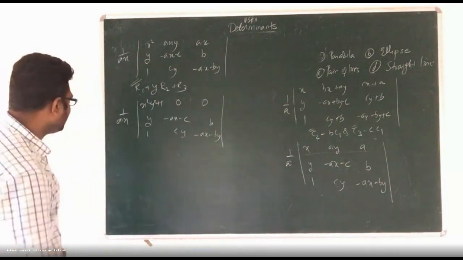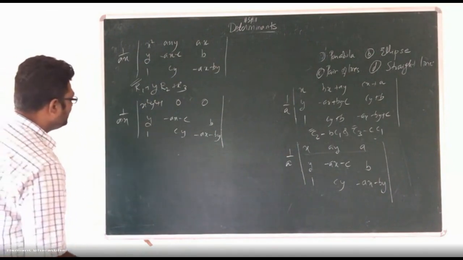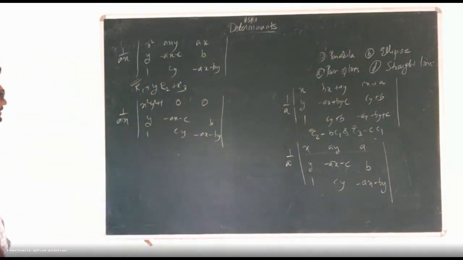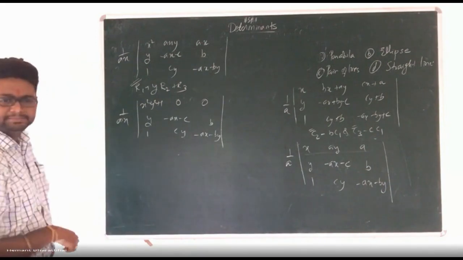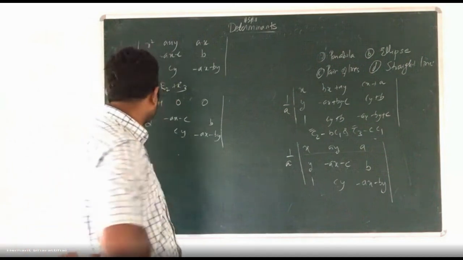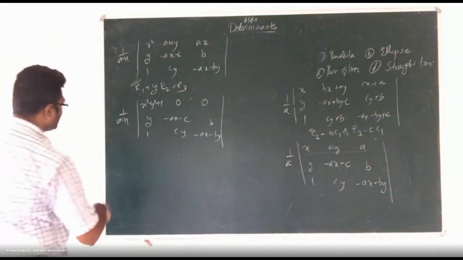Okay, so I guess now it's enough. Now we can try, because this is 0. Now solve it and let me know what answer we are getting. I think now we are going to get it.